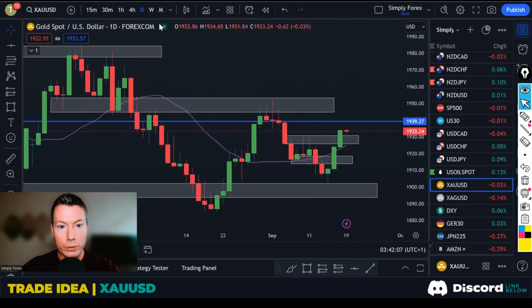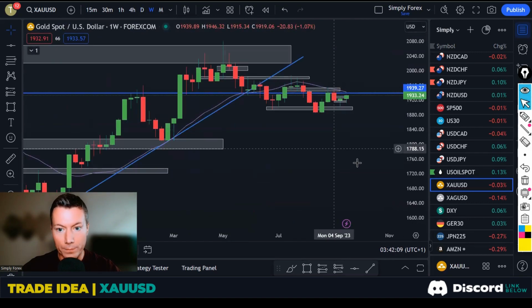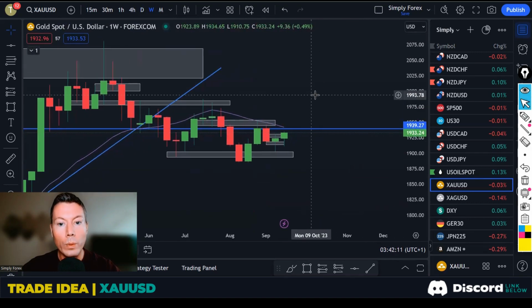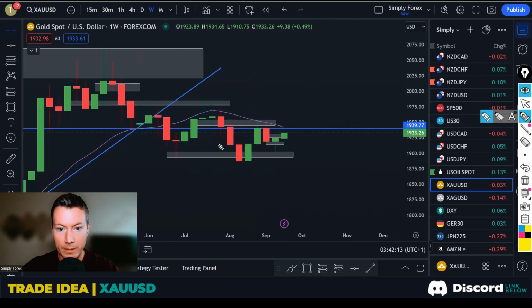So let's look at the weekly chart first of all. So first of all, we are in a downtrend. However, we've had a big push off of this area of support, which we know is an important level.